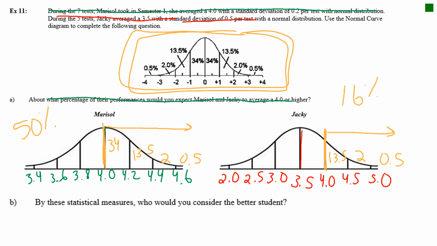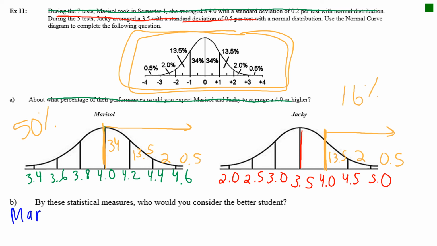Okay. Question B says, by these statistical measures, who would you consider the better student? Okay, well, Marisol is going to score a 4.0 or higher 50% of the time, whereas Jackie's only going to score a 4.0 or higher 16% of the time. So Marisol has a higher percentage, therefore she would be considered the better student. Okay, so we'll put that in a sentence.